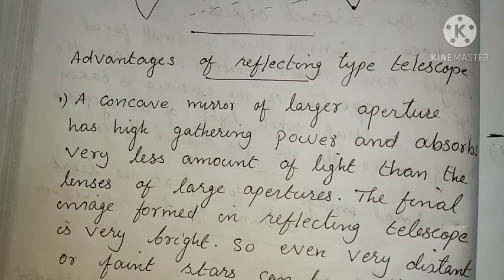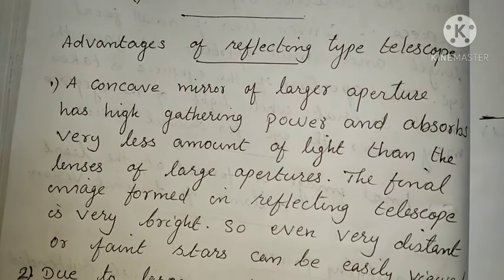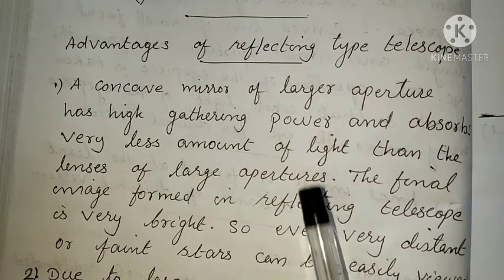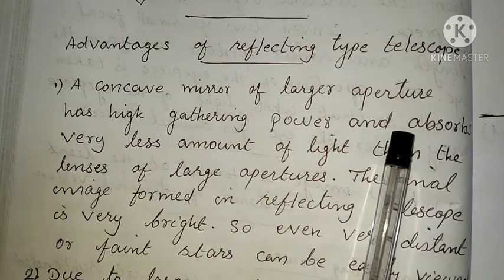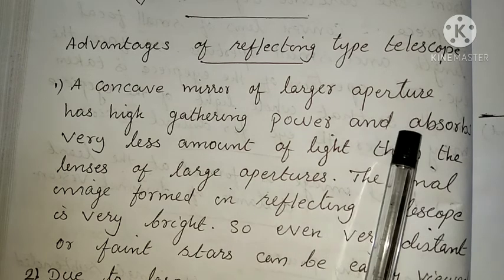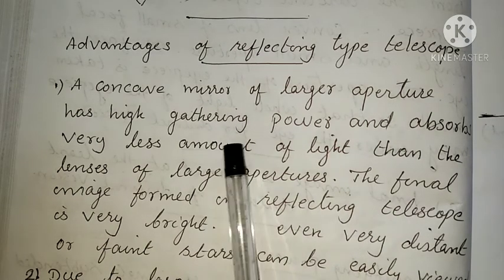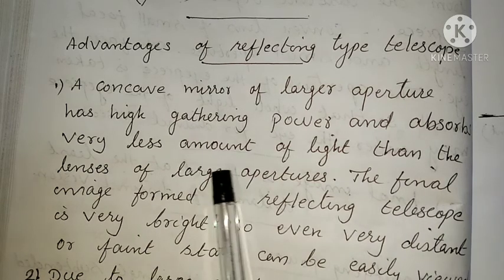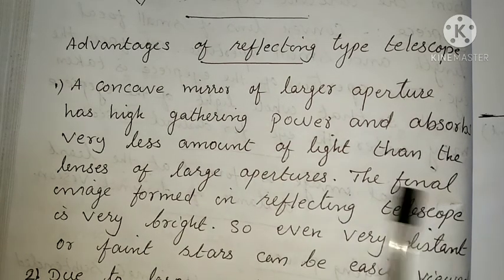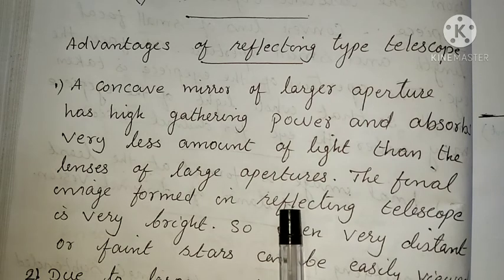What are the advantages of the reflecting type telescope over the refracting telescope? First point, we are using a concave mirror of large aperture, and it has high light gathering power and it absorbs very little light compared to lenses of large apertures.